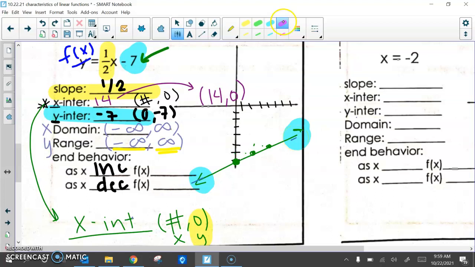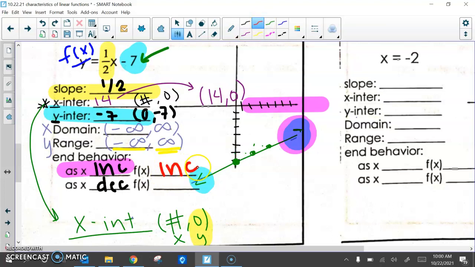As x increases, that is this side of the graph. So I'm looking at this arrow. What is that side of the graph doing? That arrow is either going up or down. Which way is it going? It's going up, so it's increasing.